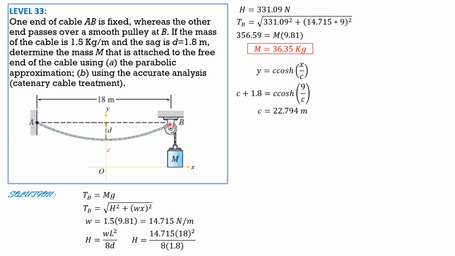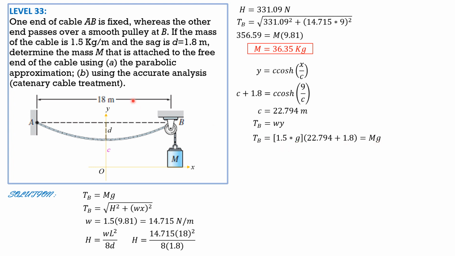So tension at B is therefore equal to W times Y, and Y is C plus D. So tension at B is 14.715 times the quantity C, 22.794, plus D, which is 1.8, and it is equated to mg, so we can cancel G. By the way, I mentioned 14.715; you can then divide it by 9.81.